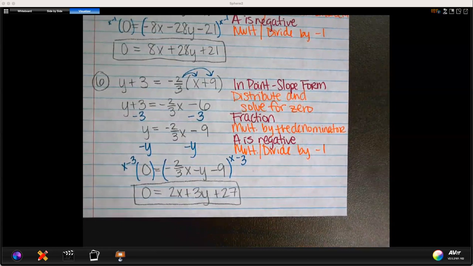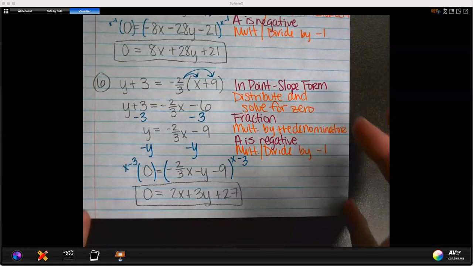Now that we've done all this work to figure out how to put something into IB form, we're now going to take it from IB form and put it into slope-intercept form, okay? So now that we've practiced all the ways of getting it into standard form, now we're going to put it into slope-intercept form.